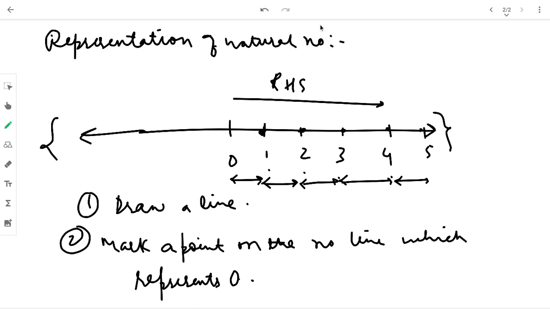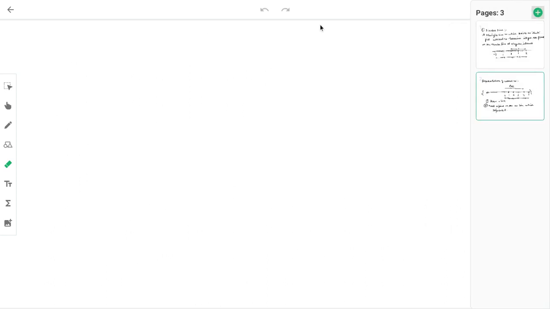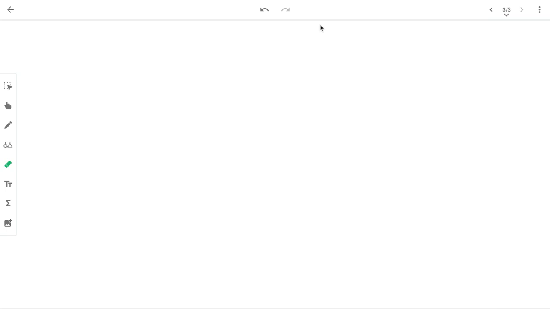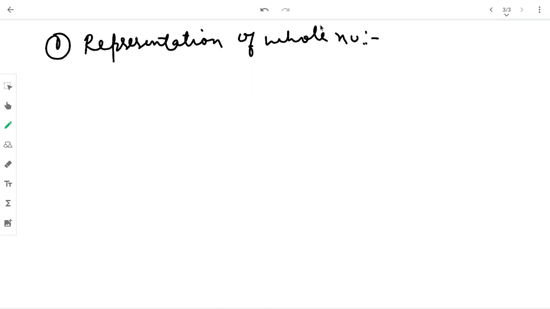Now representation of whole number. This is similar to what we studied above: draw a line, mark a point which represents 0. Now on the right hand side of the 0, mark points at equal intervals of length as shown below, like this.